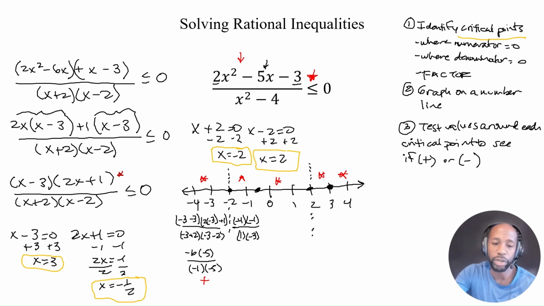So that's three negatives, which is going to be negative in this region. That represents a region that would make this inequality true.